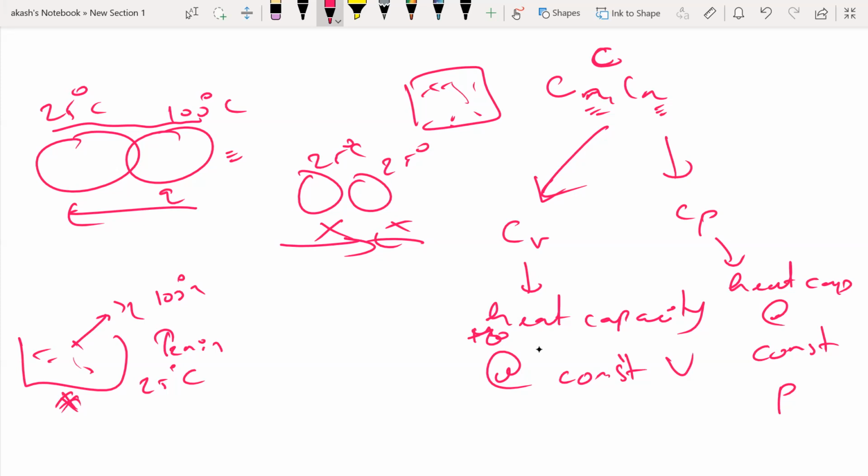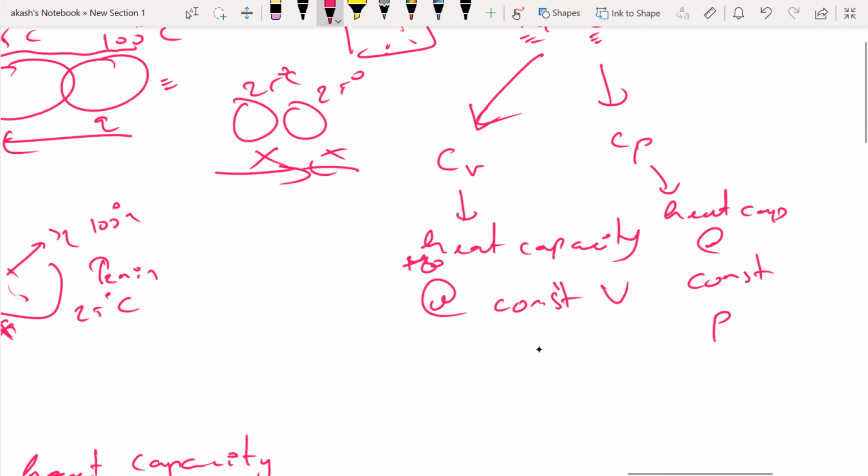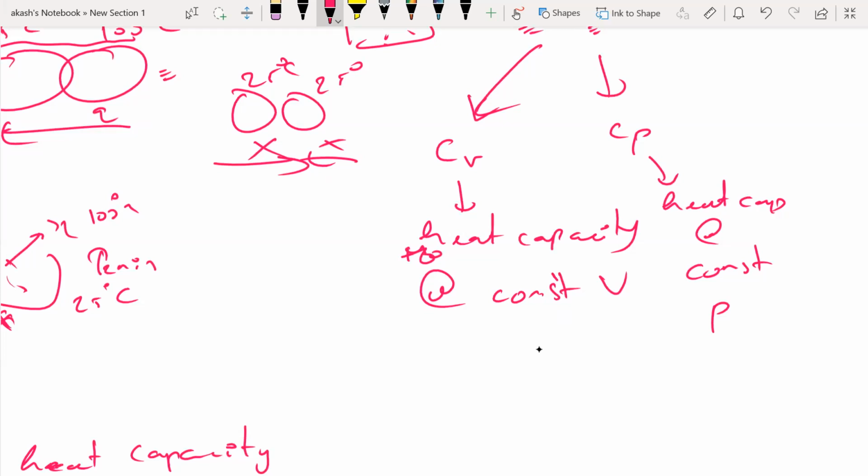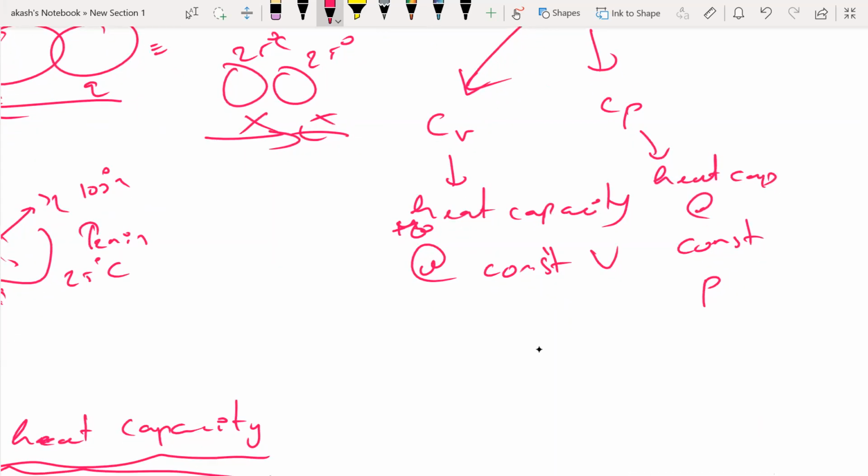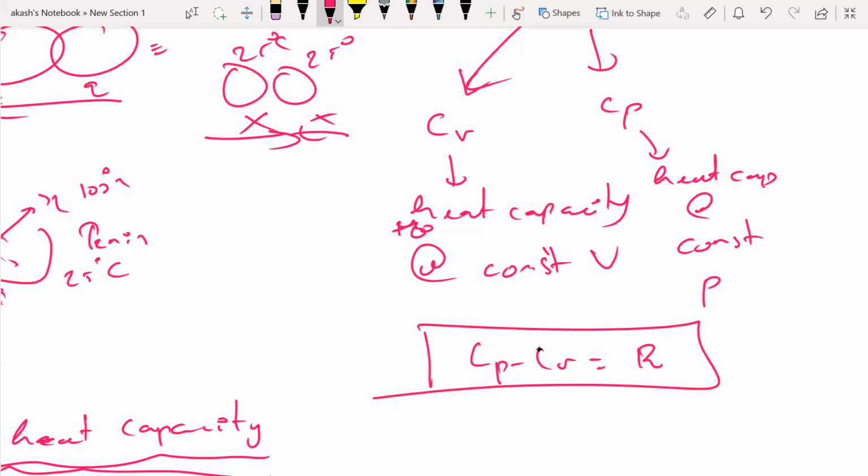There is a relationship between CP and CV that you will derive in your physics part, but I can directly give you: CP minus CV is equal to R. This R is the universal gas constant. CP minus CV is always equal to R, and this is called Mayer's relationship.